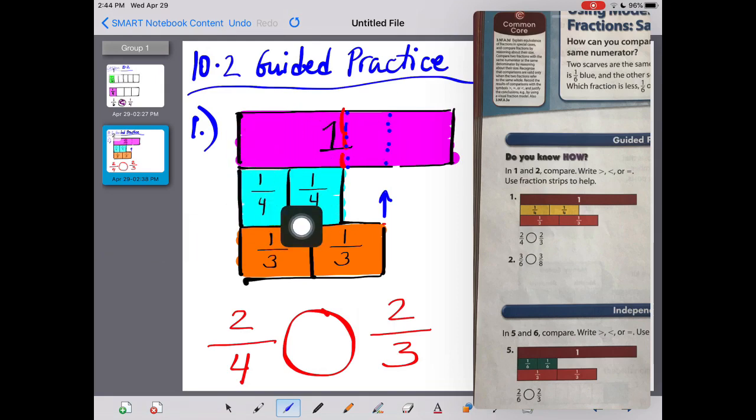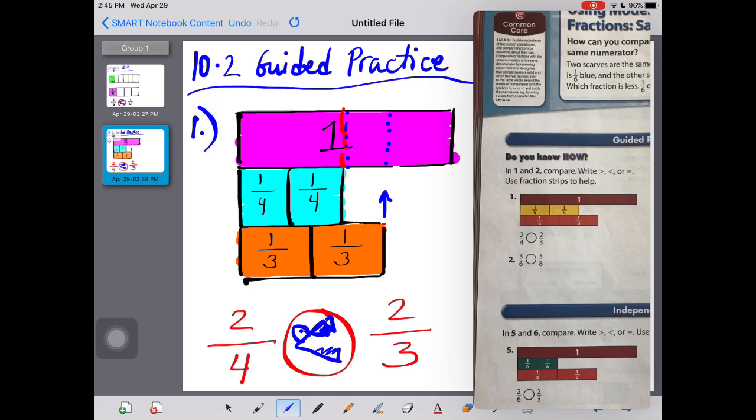It covers all of this. So 2/4 is actually less than 2/3. So we'd say 2/4 is less than 2/3. Remember, the crocodile always has its mouth open to the bigger piece, the bigger section.